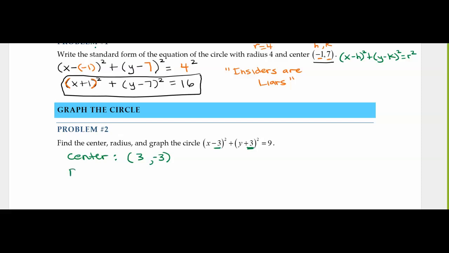And then my radius isn't 9. Remember that we said that's r squared. So in order to figure out what the radius is, we need to take the square root of 9, which is 3. And now we can graph that circle.